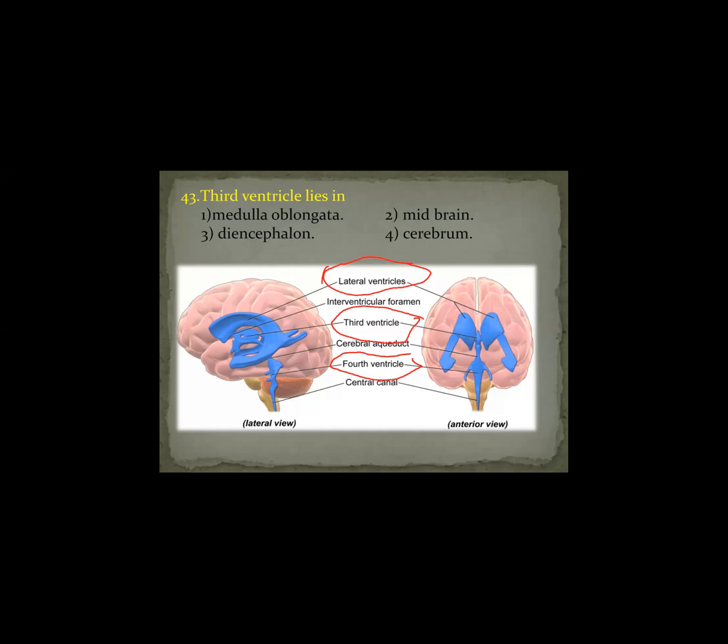So there are two lateral ventricles, one third ventricle, and one fourth ventricle. That is two lateral ventricles, one diocoele, one metacoele. Lateral ventricles are present in the two cerebral hemispheres, the third ventricle in the diencephalon, the fourth ventricle in the medulla oblongata. Here they are asking, the third ventricle lies in the diencephalon.